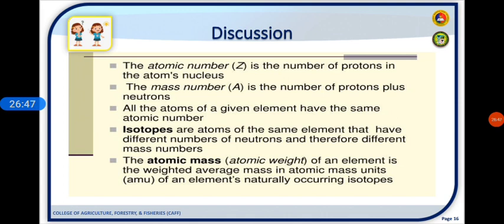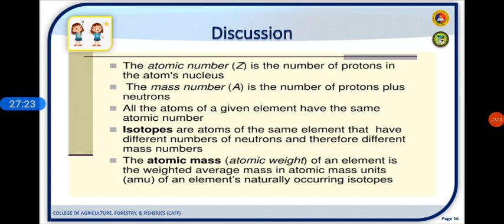I will repeat. For example, we have carbon atoms, and these carbon atoms belong to the same element, which is carbon, but these carbon atoms have different numbers of neutrons. Therefore they also have different mass numbers, so we are going to call them carbon isotopes, or isotopes in general if we speak for all of the elements.